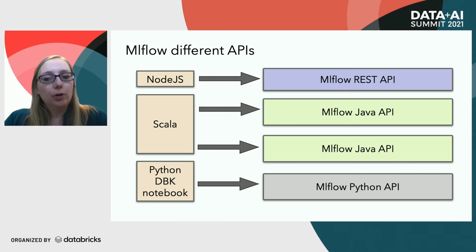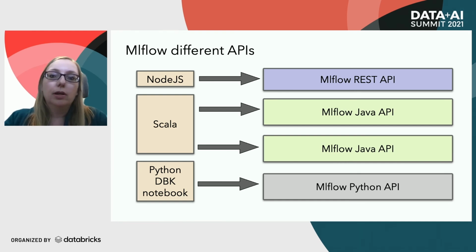The Scala Spark app does the actual entity resolution work, and we're using the MLflow Java API. And the Python Databricks notebook we're using for helper functions for post-processing, and we're using the MLflow Python API. And it's really handy that we have this option for very nice integration.